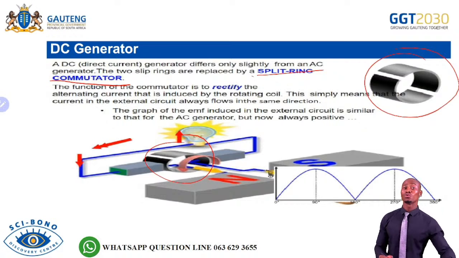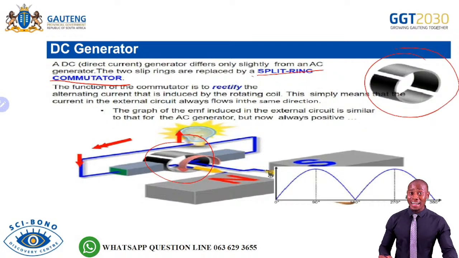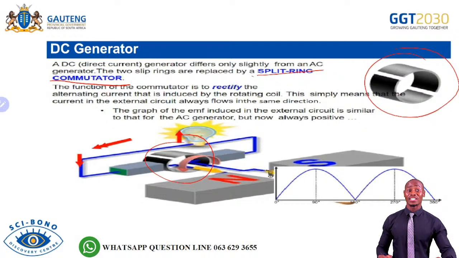Remember, when it comes to your AC generator, current alternates because of the slip rings, so current changes direction after each half turn. But when it comes to this one, there is a split ring commutator. The function of that component is to ensure that the current in the external circuit flows in one direction. So that is very, very important, learners.